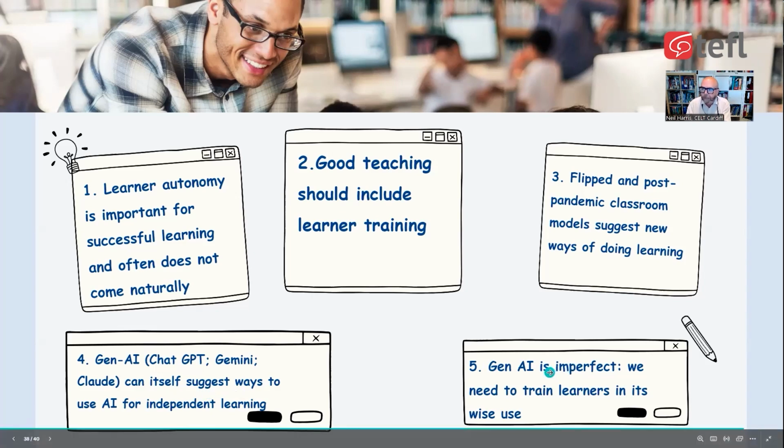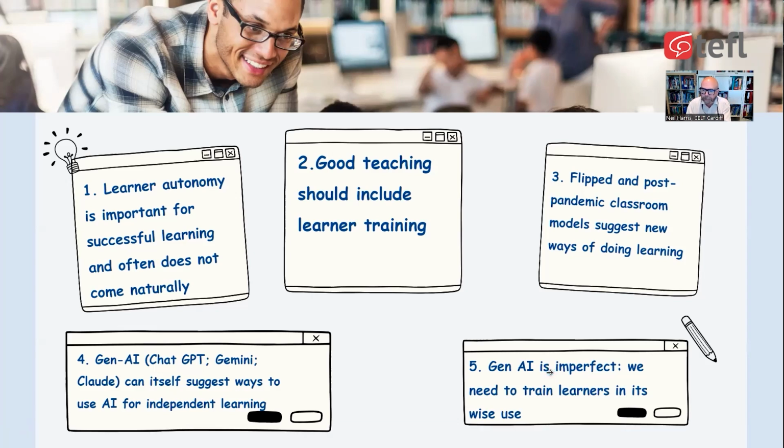But we need our learners, and I believe this passionately, to recognize the imperfections of AI. And therefore, by us as teachers spending time in the classroom to encourage students to see what it can do well, what it can do less well, and how we can embrace that, then we're going to be setting up learners for independent learning success.